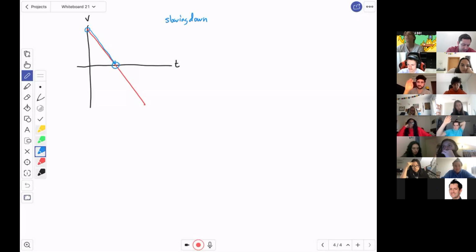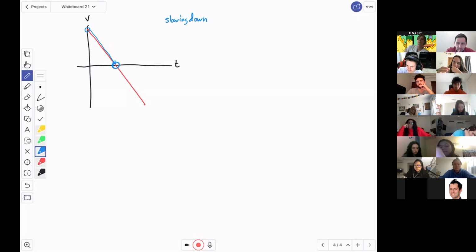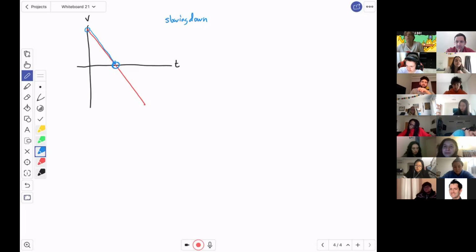What happens right here? It turns from right to left, changes direction. Elena, how fast is it going there? 0.